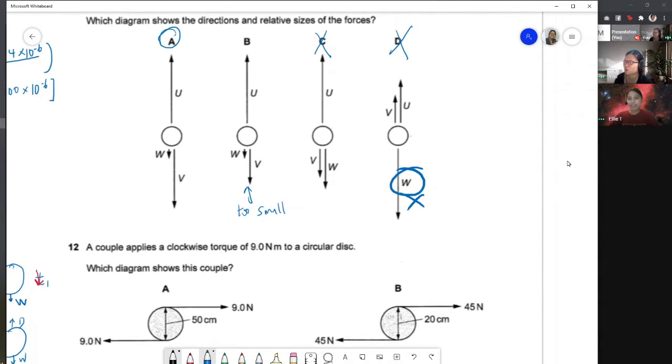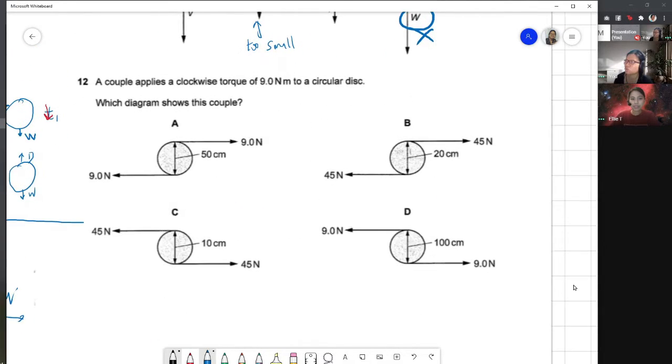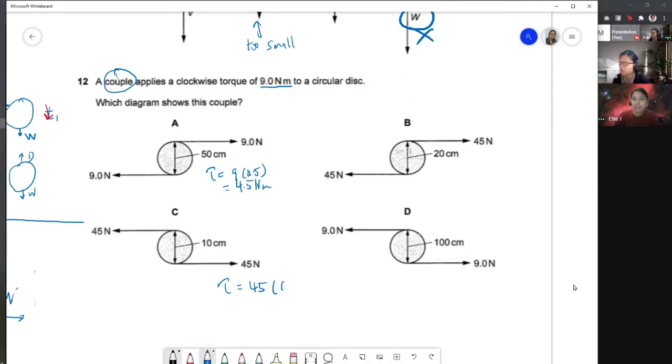12. Ooh, a couple. Torque. You want a 9 Newton meter torque. So I will use torque is equal to one of the couple times perpendicular distance. So this one is 45 times 0.1.